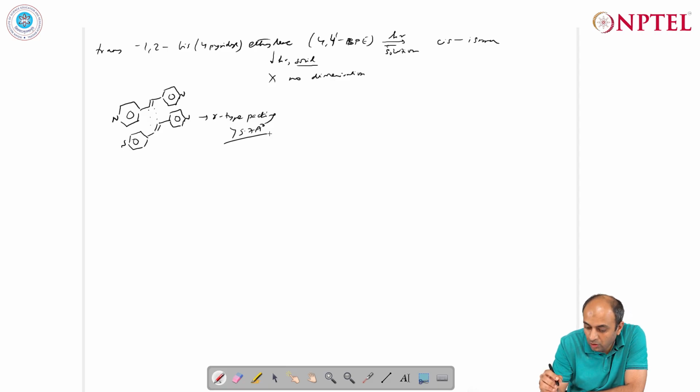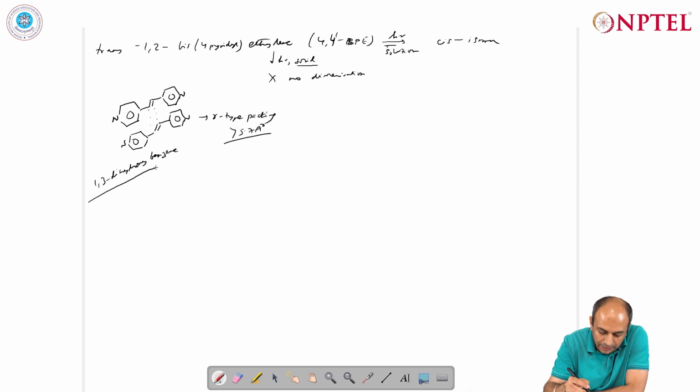However, if you now co-crystallize this particular compound with 1,3-dihydroxybenzene, then we are able to bring them into position. So OH, so now we have the hydrogen bonds. The same thing can happen here.